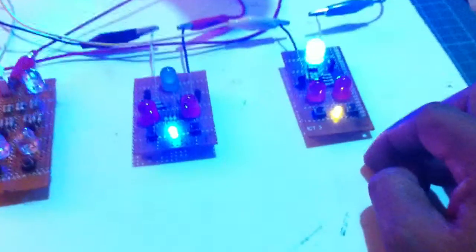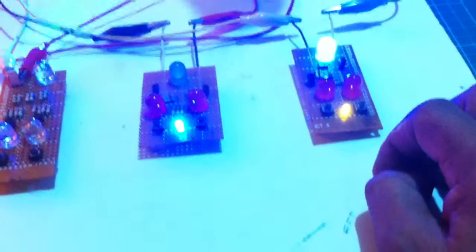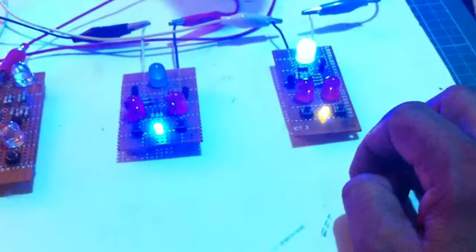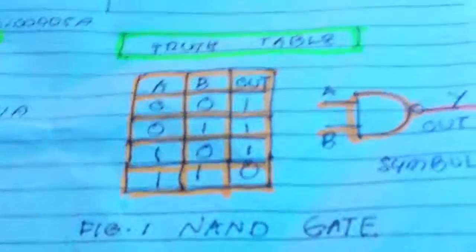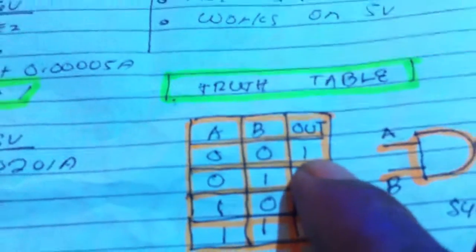And this one is the NAND gate. You need to push both buttons to turn off the LED, because the truth table is this and the symbol of the NAND gate is this one. With no input, there is still an output.